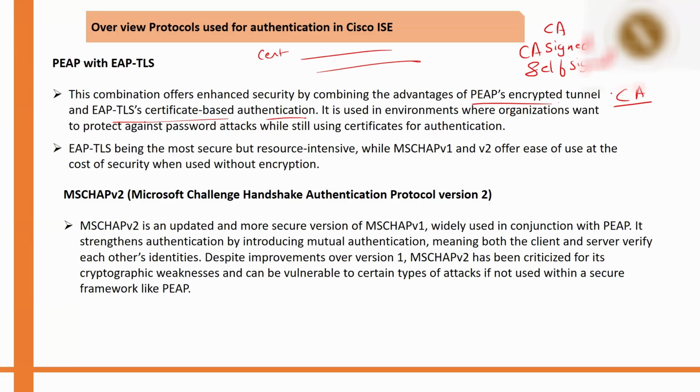For communicating internal applications like any corp application communicating to the cloud or the SaaS based applications or internet applications, we are going to use DigiCert or Entrust. These kind of vendors provide the CA certificates, or GoDaddy.